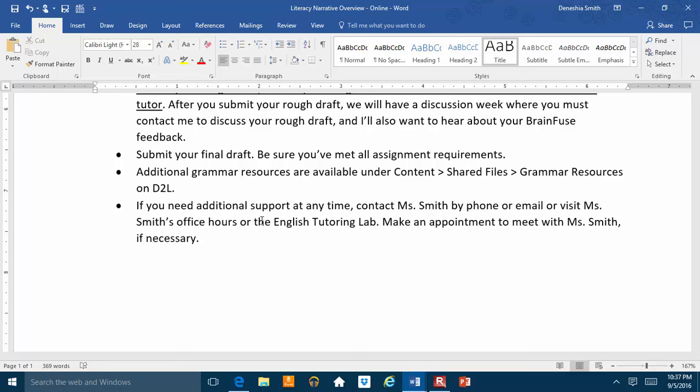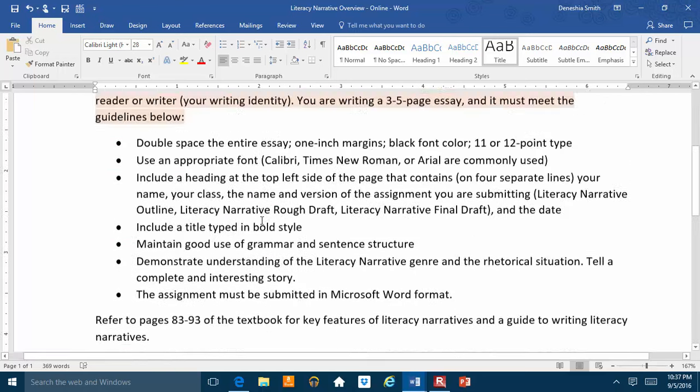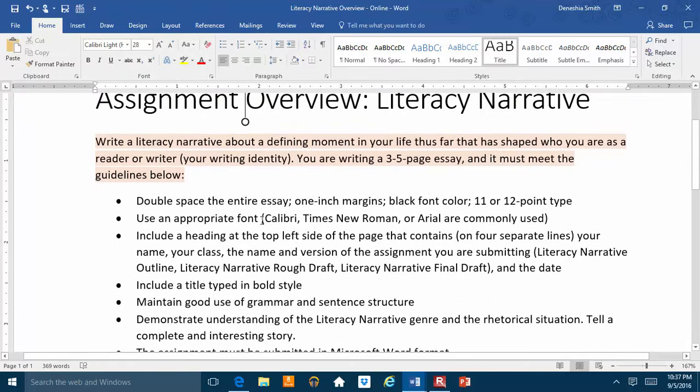Okay? And let me just say one other thing about the literacy narrative. Hopefully you've done the reading for this and you understand what this genre requires. But keep in mind, you are writing about your writing or your reading identity. You're writing about a defining moment in your life that has shaped who you are as a reader or writer.